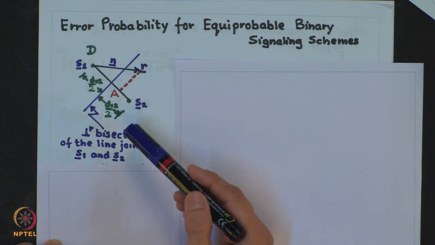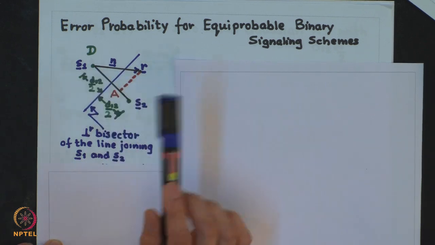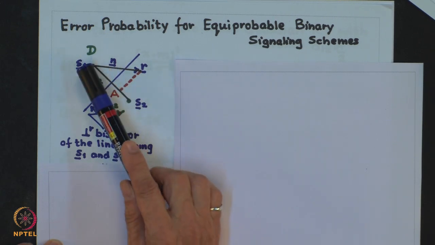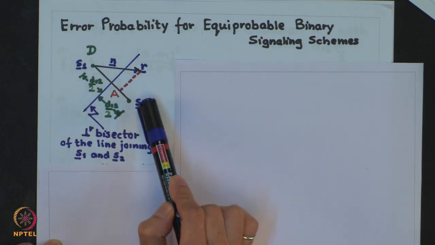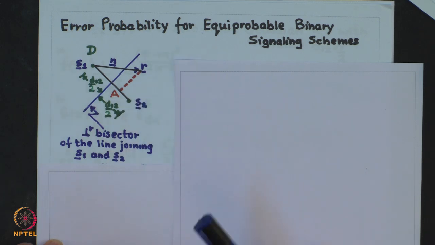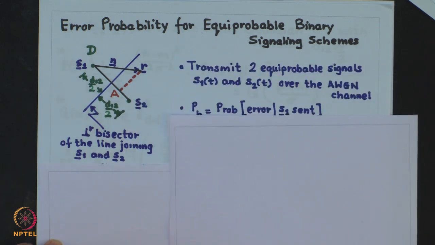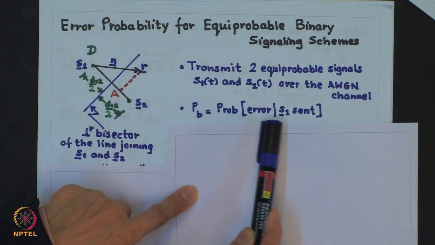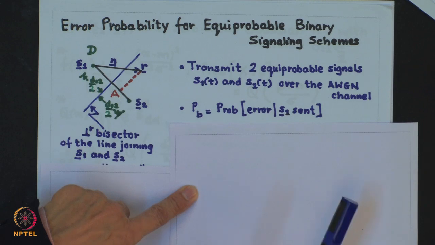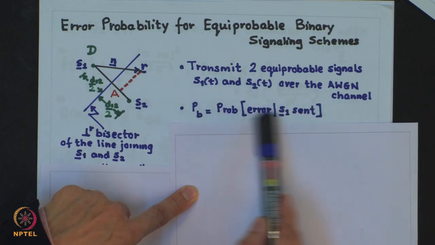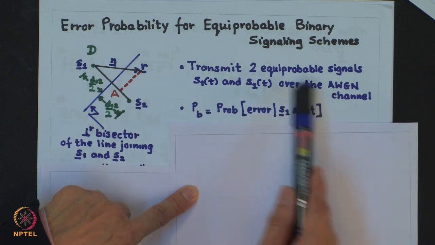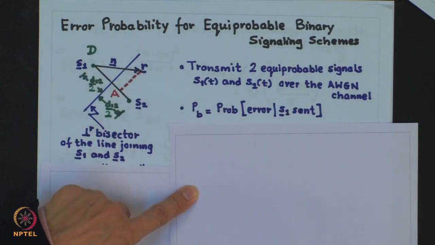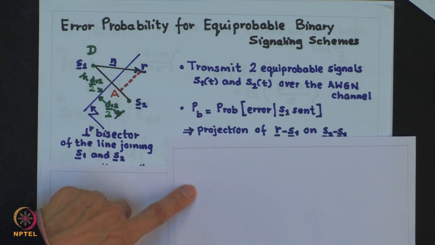Now, since the signals are equiprobable, by symmetry the error probabilities when S1 or S2 is transmitted are equal, and therefore it would be equal to the probability of error given S1 is sent. So, let us try to calculate this probability, and it will be the same as the probability of error for this equiprobable binary signaling scheme.